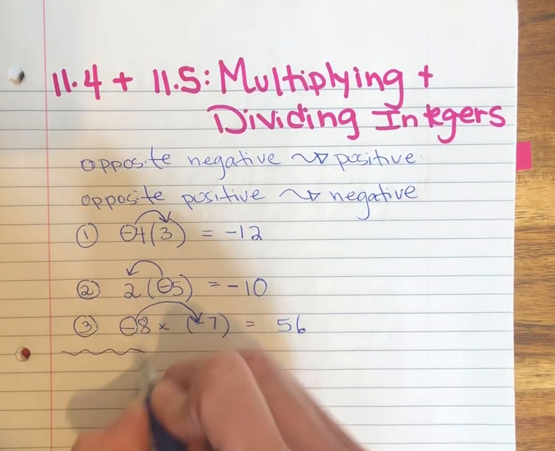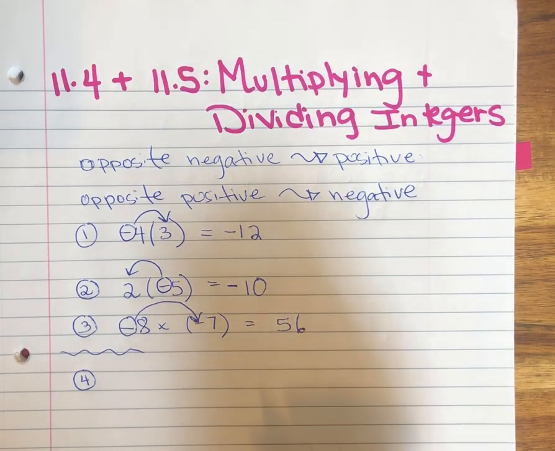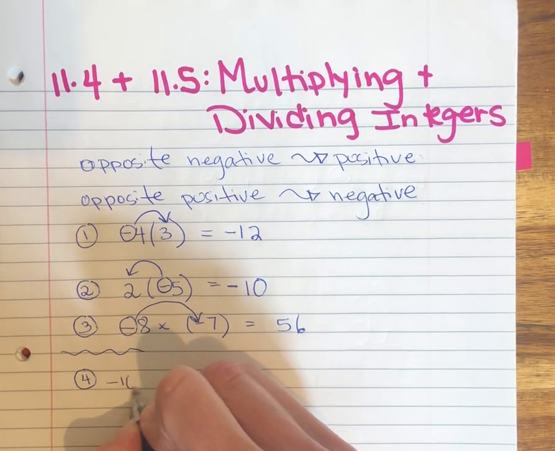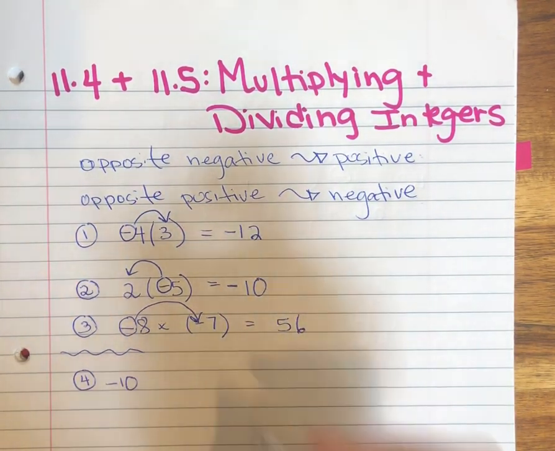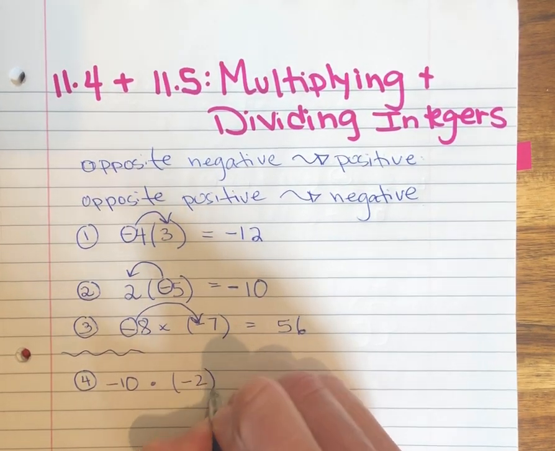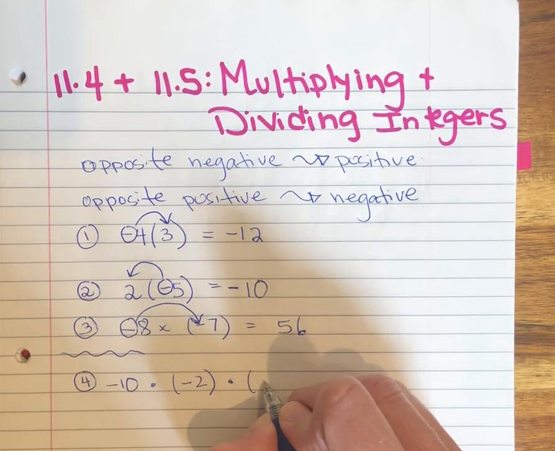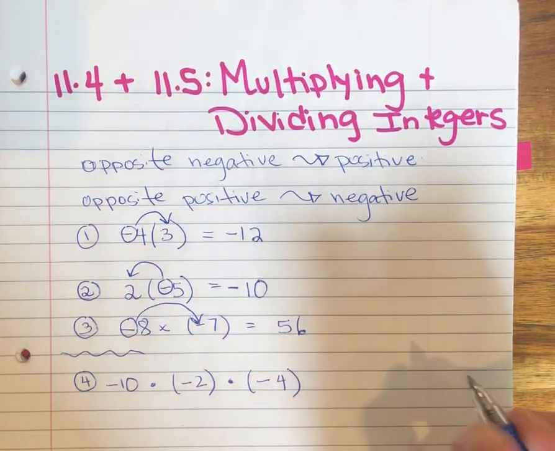We can look at when we have a string of integers, like -10 times -2 times, say, -4.